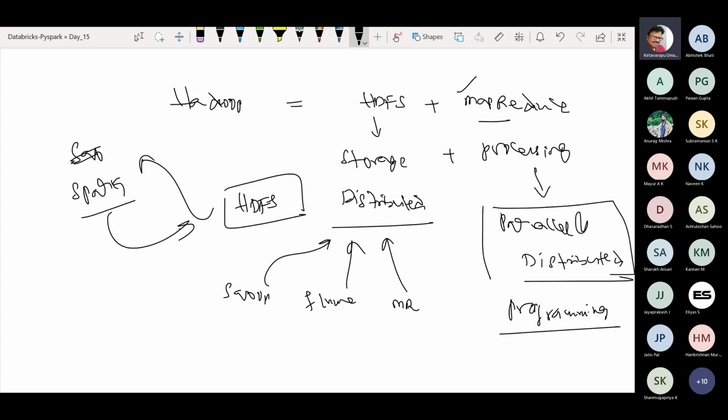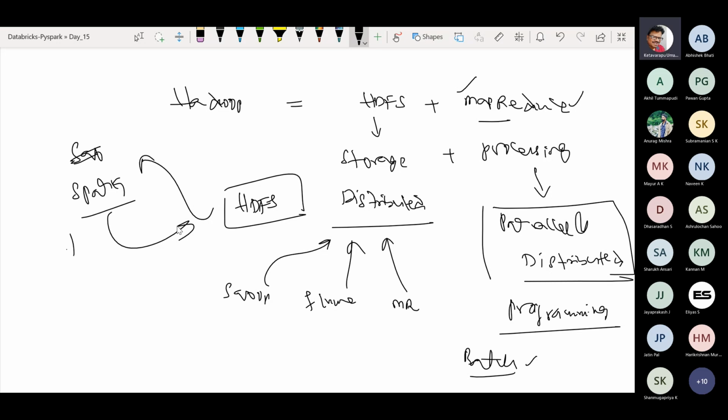And you may not implement every application in MapReduce because that is a model which has its own setup of key-value pairs and all four stages: split phase, map phase, shuffle phase, as well as the reduce phase. Every input data item should follow this kind of convention. Moreover, this is batch processing.